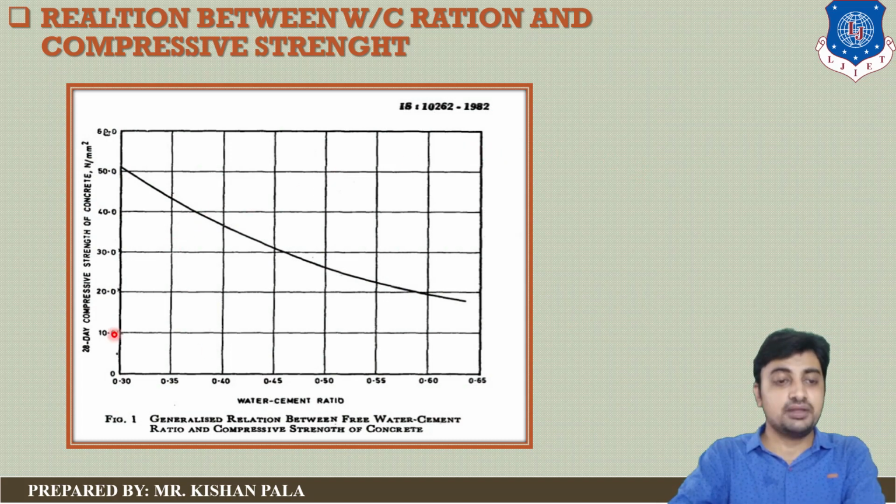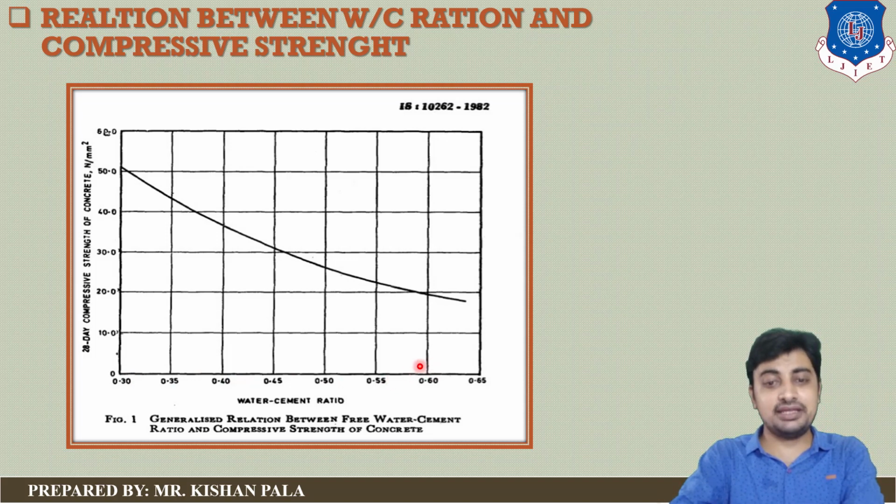You can see on the y-axis compressive strength of concrete in Newton per mm square, and on the x-axis we have taken water cement ratio. And you can see that with an increase in the water cement ratio, there will be a decrease in the compressive strength of the concrete mass.